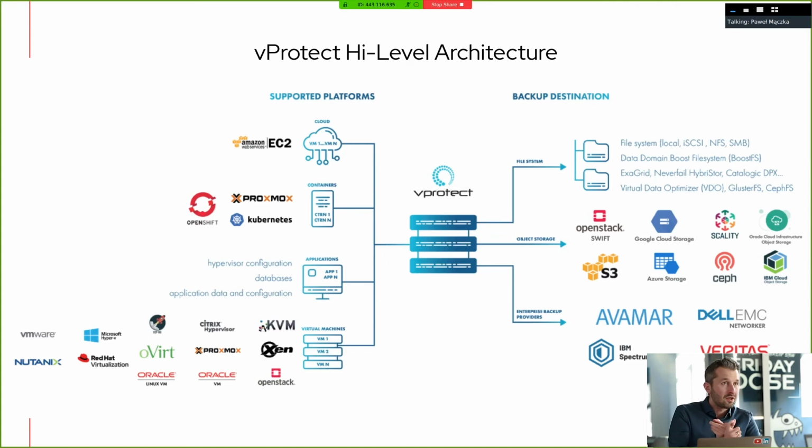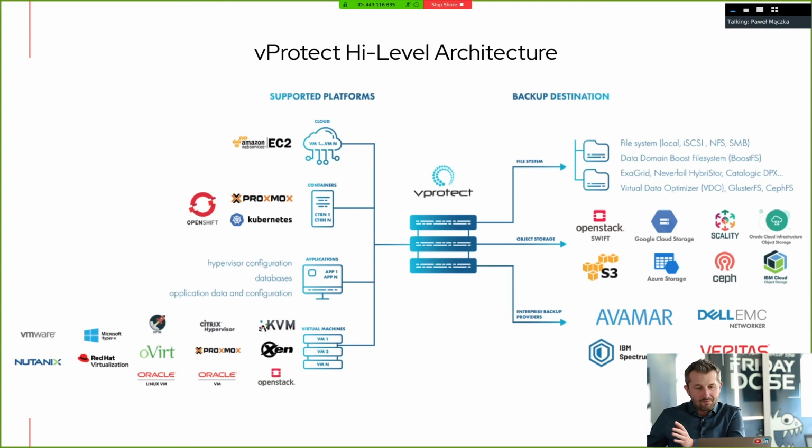If we're talking about OpenShift, OpenStack or the Red Hat Virtualization platform, and we have Ceph below, we can natively snapshot and use the snapshot capability to have a full and incremental backup. Honestly, if I need to choose the best backend storage that works with vProtect, it will be Ceph today.